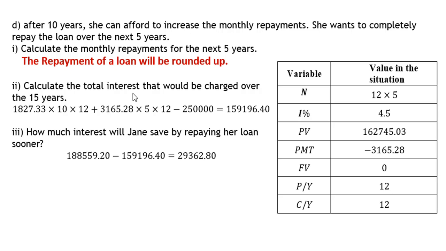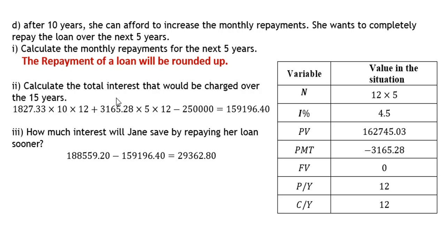Now let's go to the second one. Calculate the total interest that would be charged over the 15 years. We know for the first 10 years, she paid $1,827.33 each month. Then for the last 5 years, she paid $3,165.28.